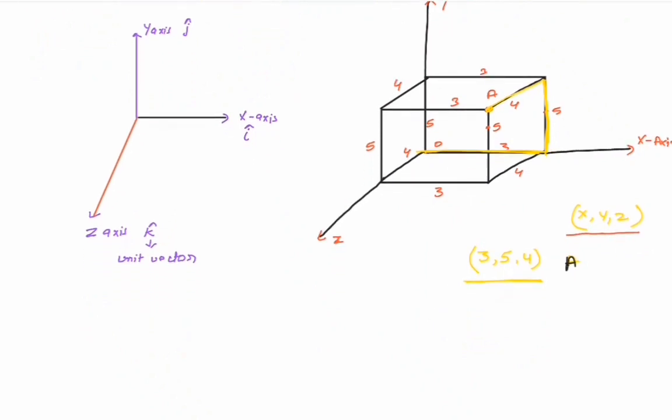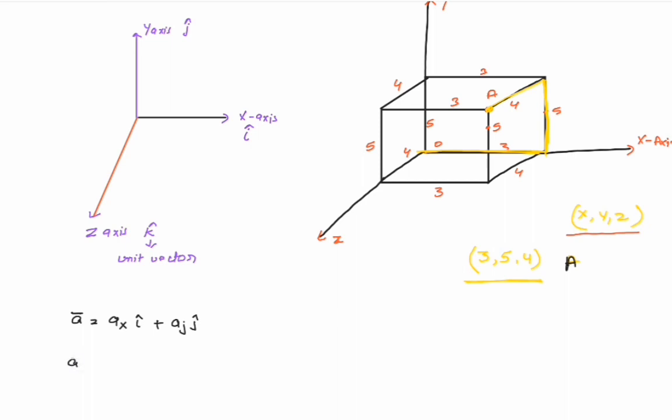Okay, let's look at the vector. Till now we have discussed a vector in the form of an x-axis component and a y-axis component. Now, suppose there is a vector in space, it will also have a z-axis component.